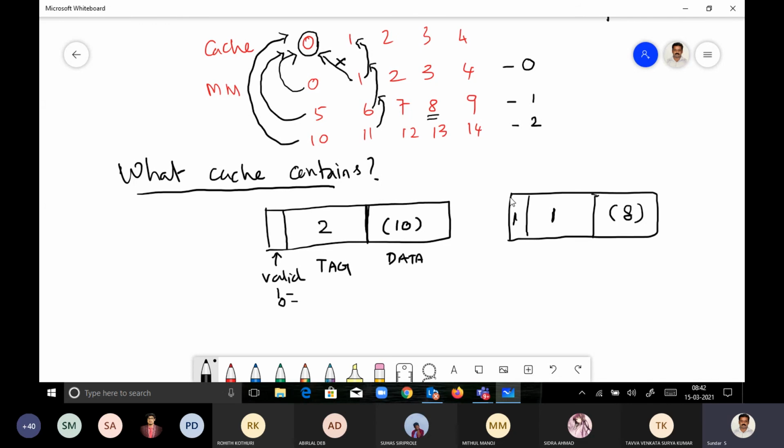The tag field tells which arrangement from the main memory is occupied into the cache memory, and the data from that arrangement is available in the data field. Whenever something is there in the data field, we call it valid information. If something is not there, we call it invalid information. Further on this tag, data, valid, we will solve one example to understand that. I will do it in the next class. Any doubts so far?